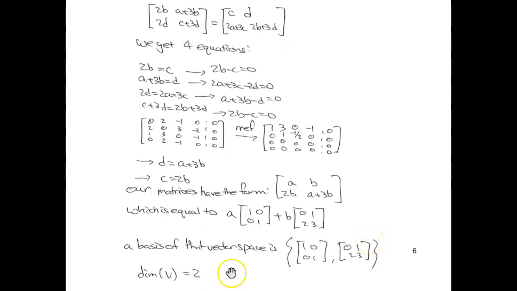This is a very clever step because it allows us to see that, in fact, I can take [1, 0, 0, 1] and [0, 2, 1, 3] as the matrices in my basis. And then any linear combination of these two is going to give me a new matrix which also commutes. So, in conclusion, the dimension of that vector space is 2, and here is a basis of that vector space.